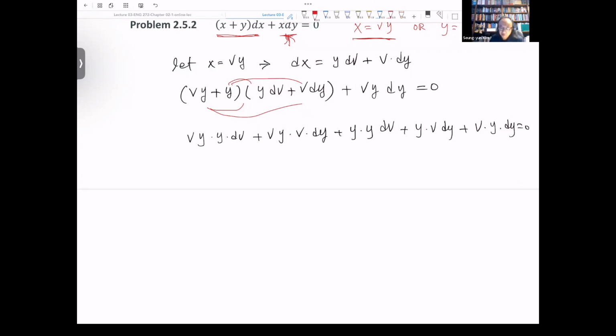Every single term has y, so we're going to multiply by 1 over y on both sides. Then this is a dv term, and this is a dy term, this is a dy term, this is a dy term. So we're going to collect dv terms together and dy terms together.